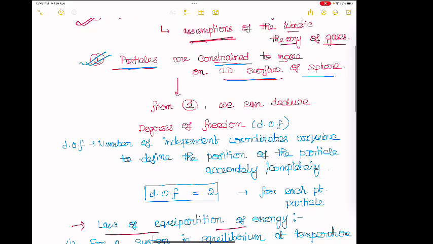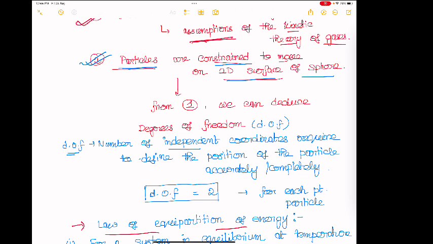It is the number of independent coordinates required to define the position of the particle completely. As per the given information, particles are constrained to move on the 2D surface of the sphere, so the degree of freedom is 2. So for each point particle, the degree of freedom is 2.